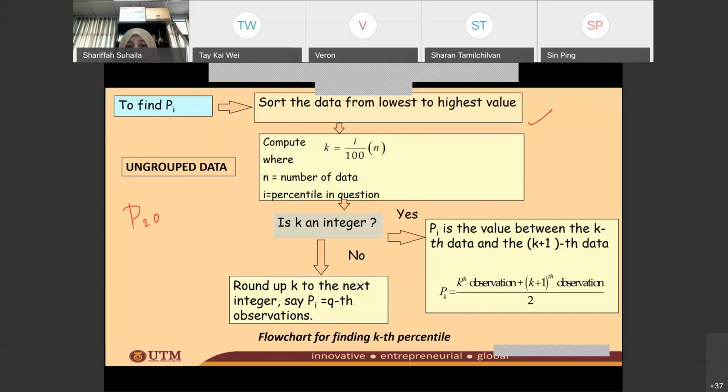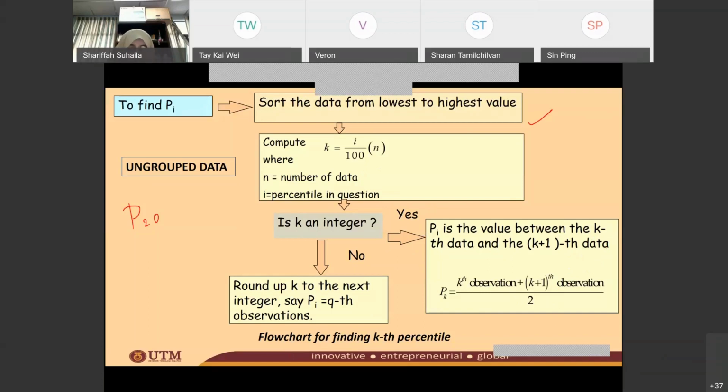Then you check whether the value of k is an integer or not. If k is an integer, then Pi is the value between the kth data and the k plus 1 data. That means the kth observation plus the k plus 1 observation, divided by 2.